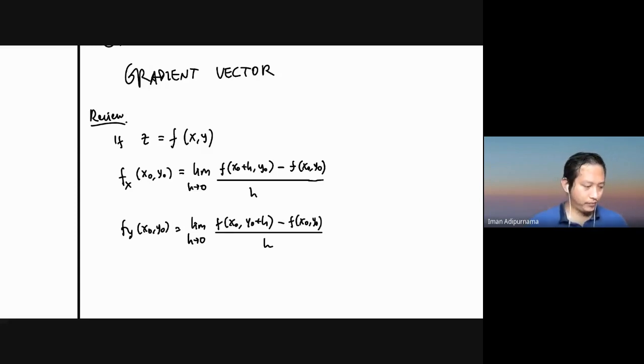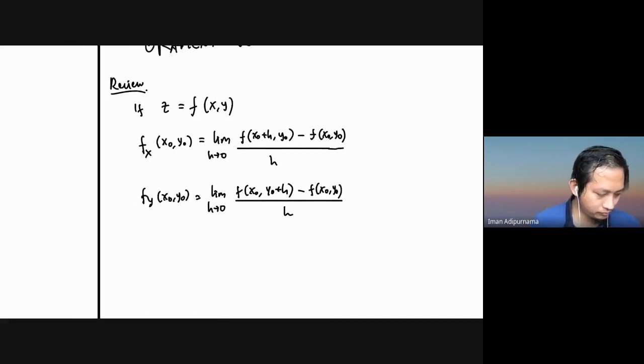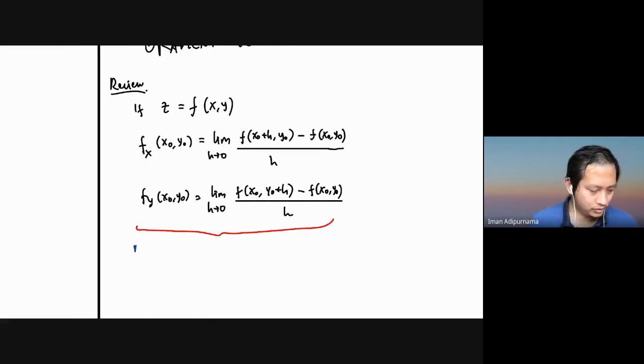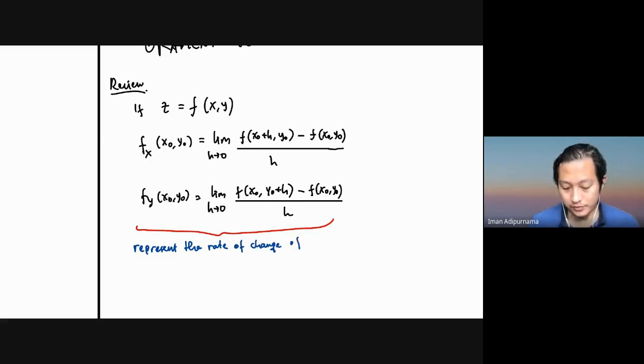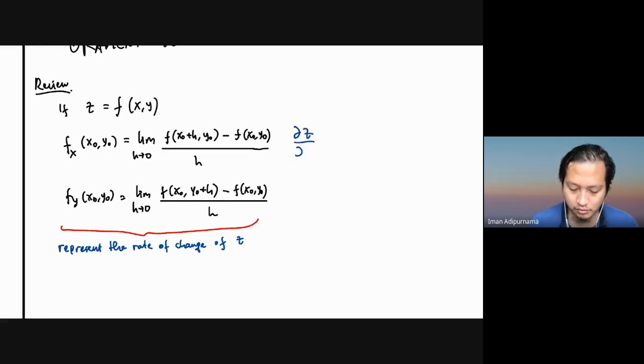And these represent the rate of change of z, because we can also write this as dou z dou x and dou z dou y, right?